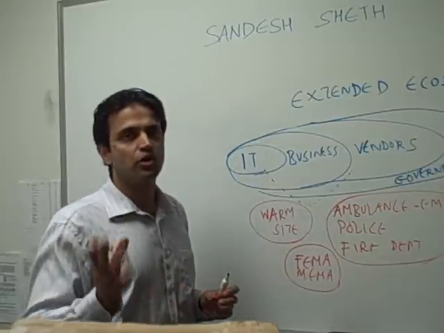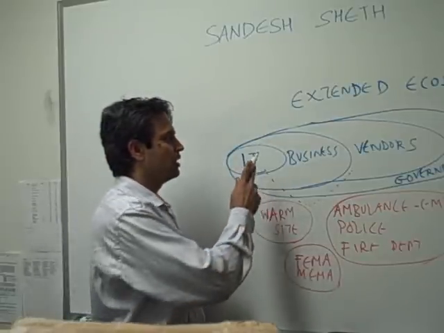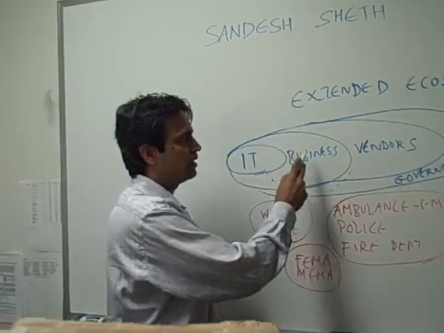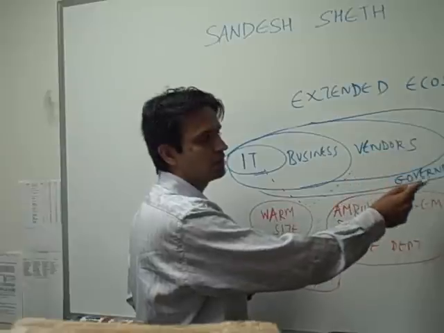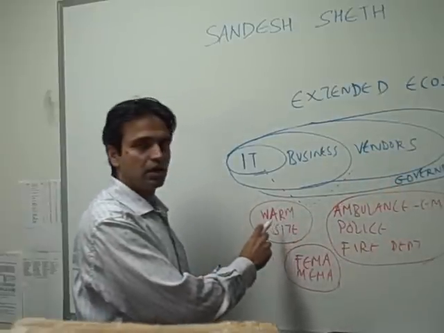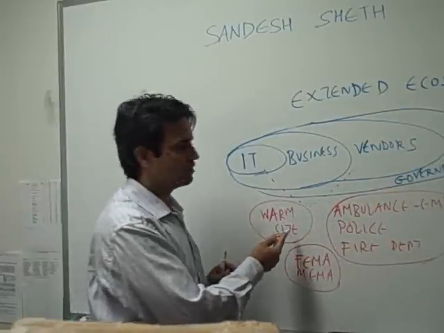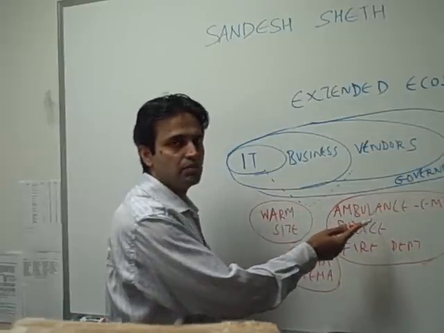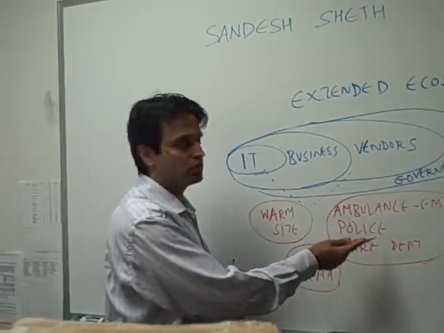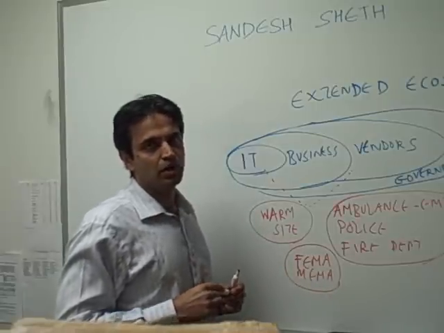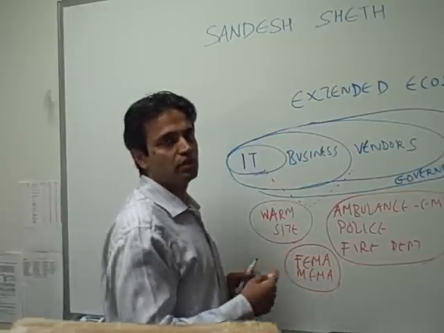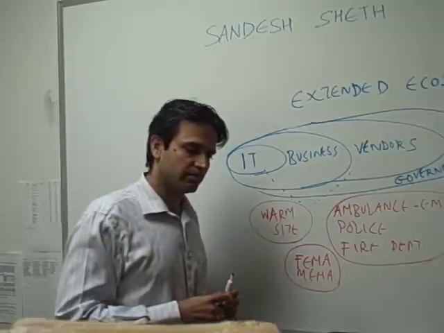So a business continuity management system includes the IT department, the various business departments, the vendors, the government, the hot site, warm site or cold site service providers, the emergency response authorities, and the agencies that help you to build, exercise and audit your business continuity plans.